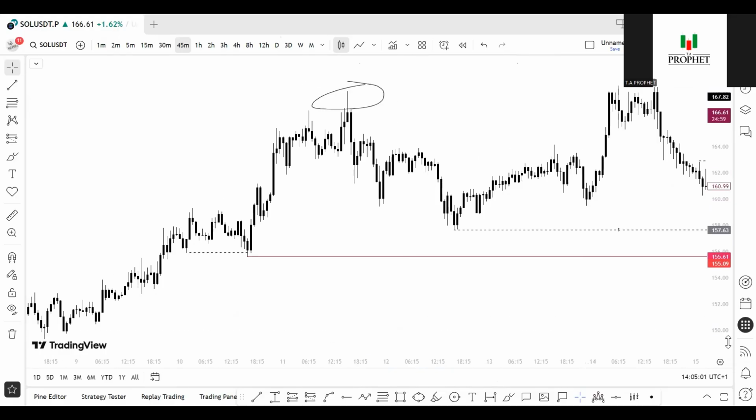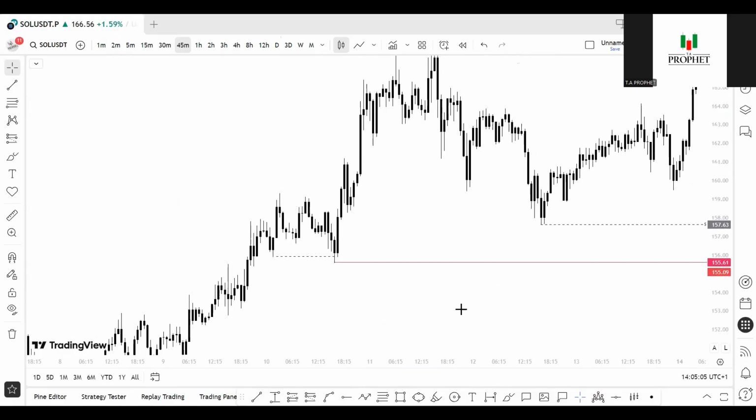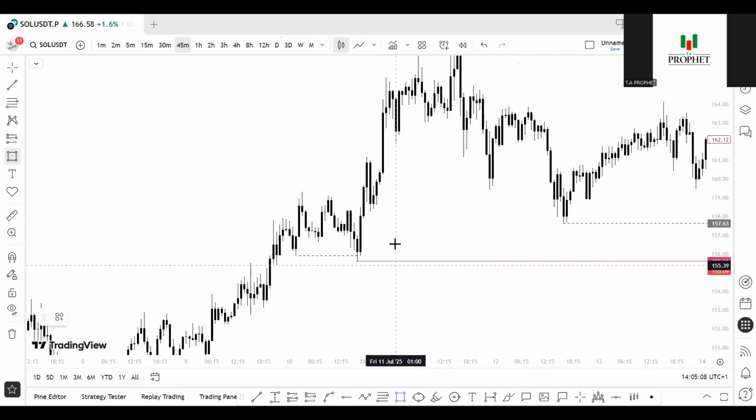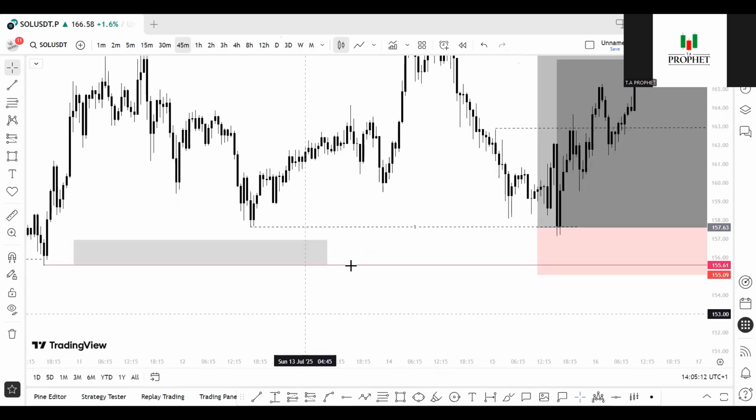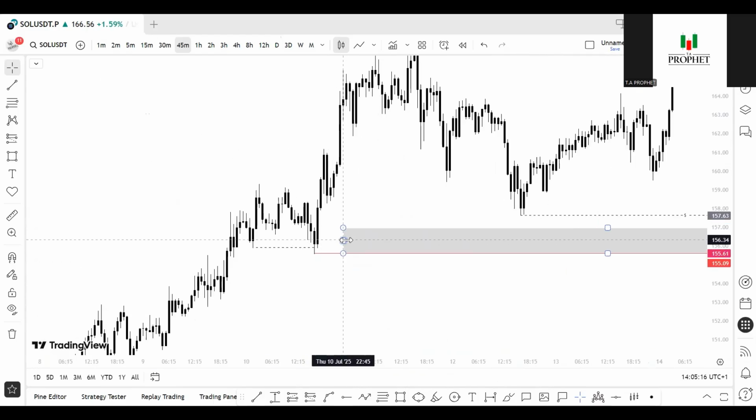So it is this candle. This was the last bearish candle. Yeah, as you can see. Understand? That is the last bearish candle.